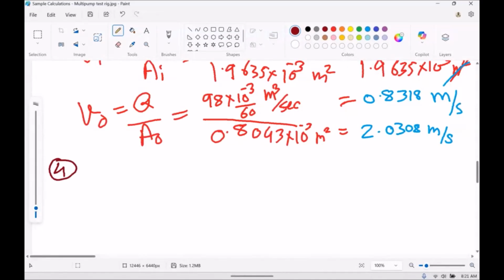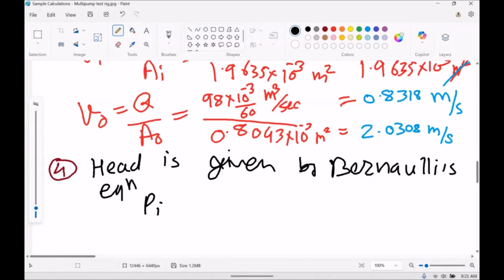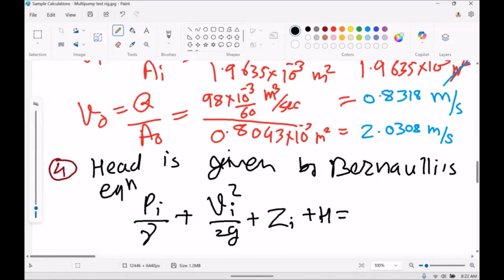So number 4, this is an energy conservation principle, the law of conservation of energy. Energy can neither be created nor be destroyed. It can flow from inlet to outlet, from one place to another place.